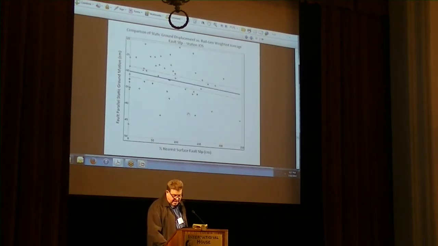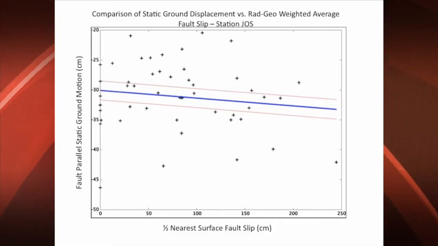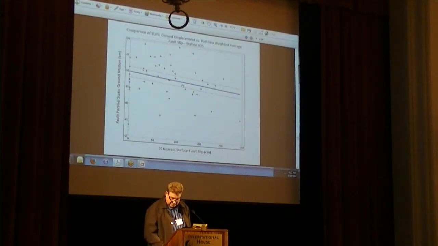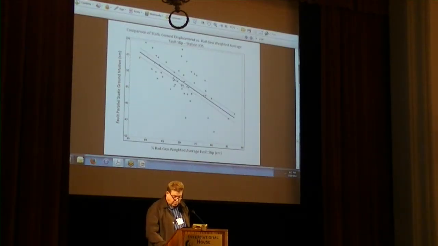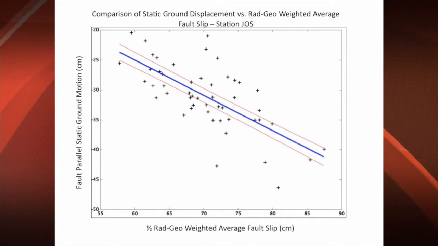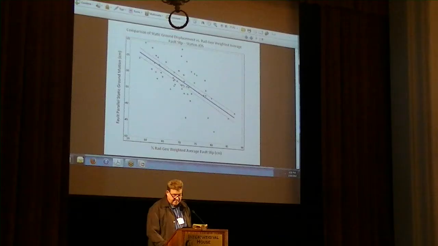And comparing with 1/2 of the nearest surface fault slip, here you can see again these are all values of 0 at the closest point, about a factor of 2 variation, and really no particular correlation in the simulations here. When you go to the radiation pattern weighted average, then there's a strong correlation, and the slope is negative because we're on the other side of the fault, and this is a right lateral fault. So the Lucerne side is moving in a different direction than the Joshua Tree side. That's all that means.